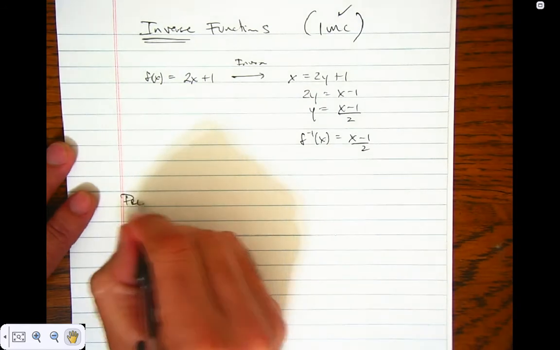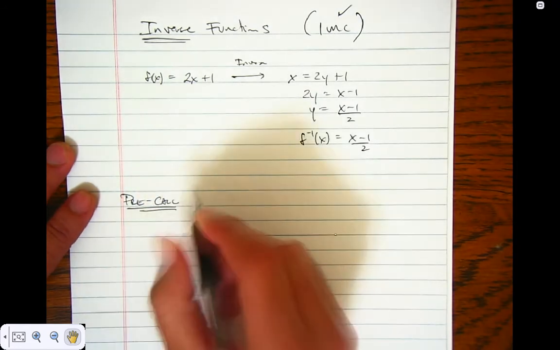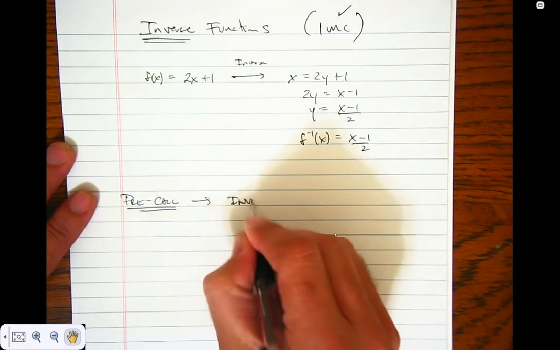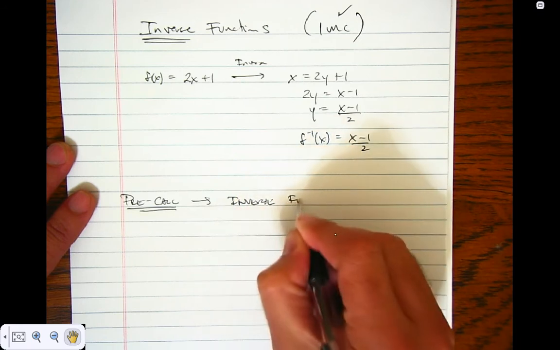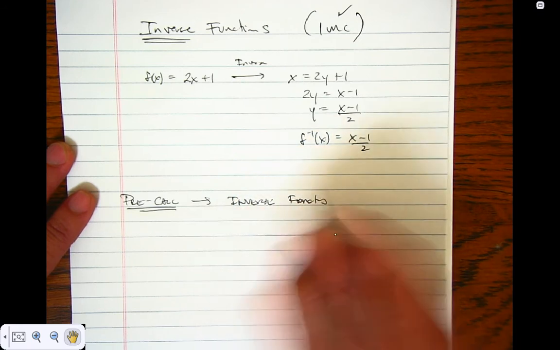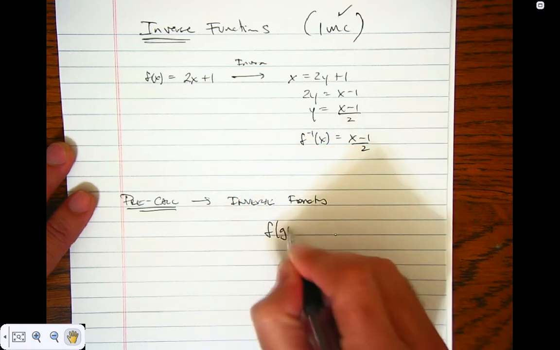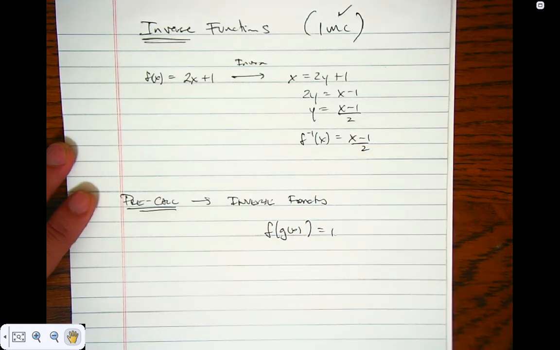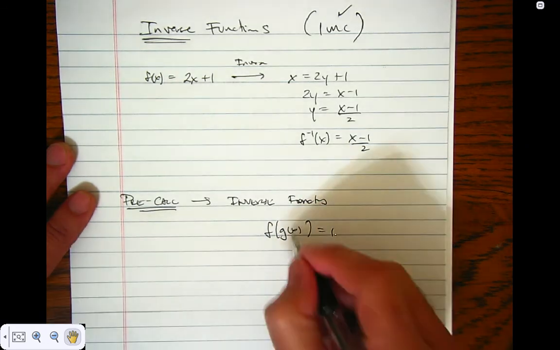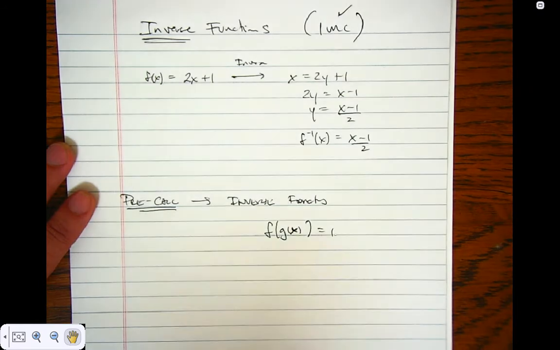Once you got to pre-calc, what you should have been told is the definition of inverse functions is that if you plug one into the other, you should get x. Okay? You don't have to memorize this, but this is where the lesson is going to start.